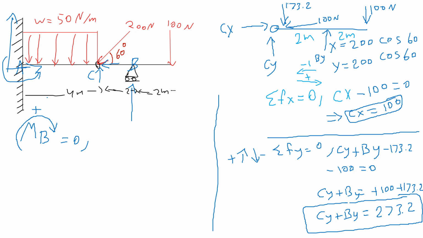Because it goes through the B. As you know from the moment, this goes through the point B, which means that here we don't have a perpendicular distance to the point.